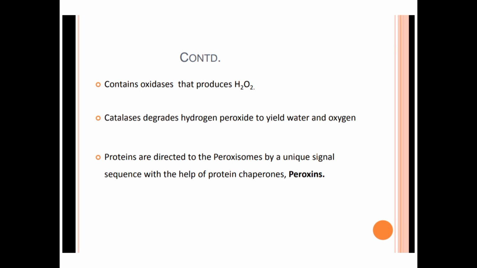They catalyze the degradation of hydrogen peroxide to yield water and oxygen. Proteins are directed to peroxisomes by a unique signal sequence with the help of proteins called peroxins. It means they help for protein synthesis also.